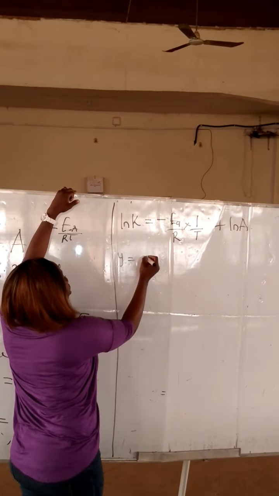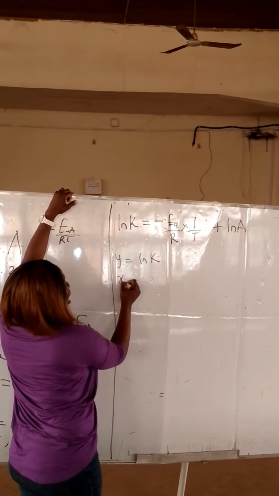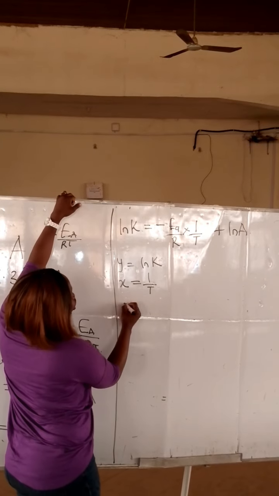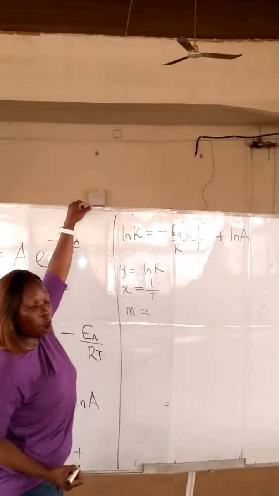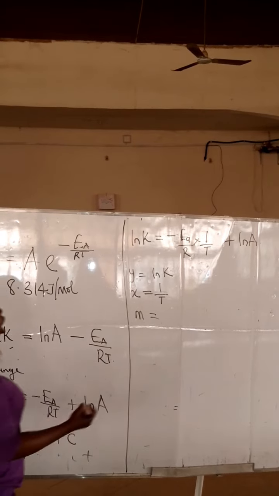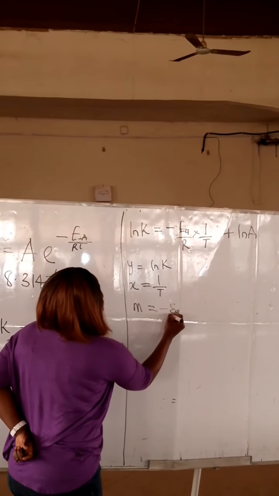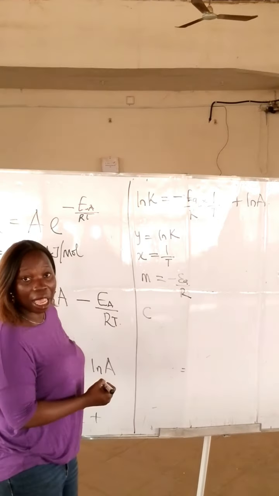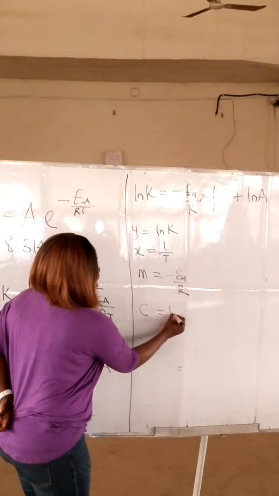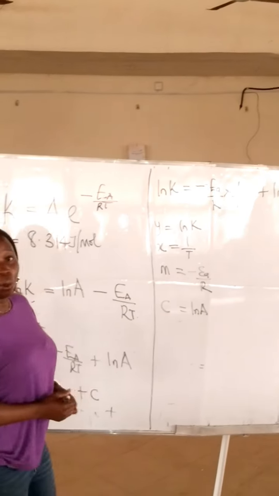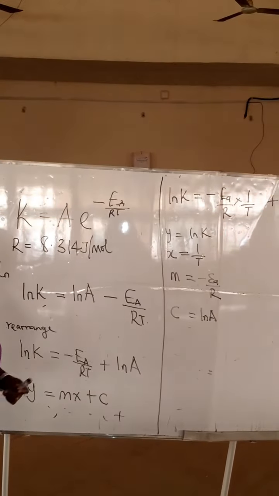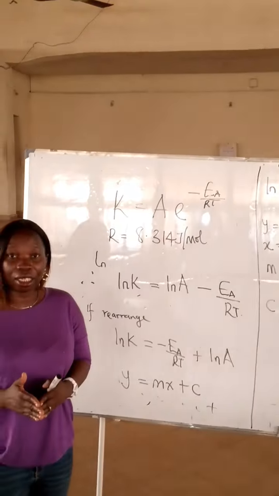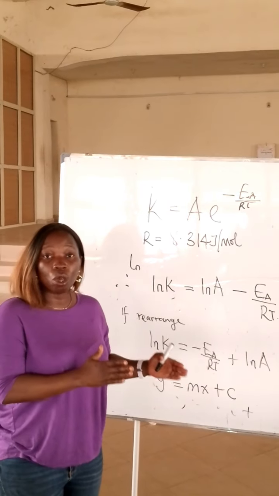Therefore, y becomes ln k, the x-axis becomes 1 over T, then your m, which is the slope from the straight line graph, becomes minus Ea over R, while c, which is your intercept, becomes ln A. So, it means that when the temperature changes, the rate constant will also what?